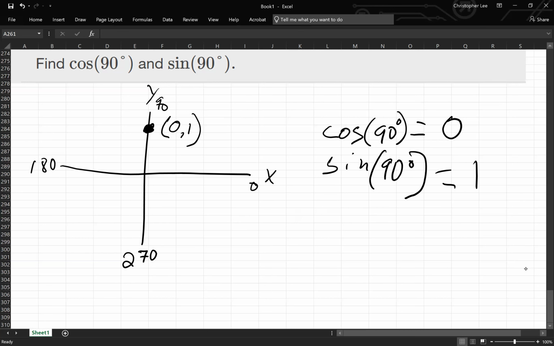If it's not there, assume radian. That's the point on the unit circle for 90 degrees. Remember, 90 degrees is on the top.